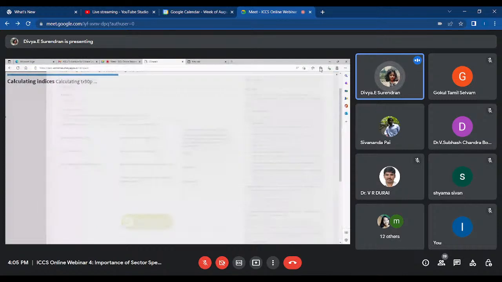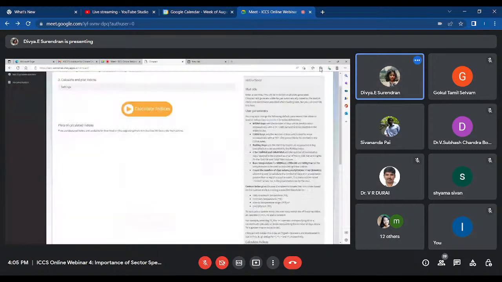So it is simple actually. In the plot format, and also in the data format, we can get the data in a text sheet or Excel sheet, and you can do the analysis further.